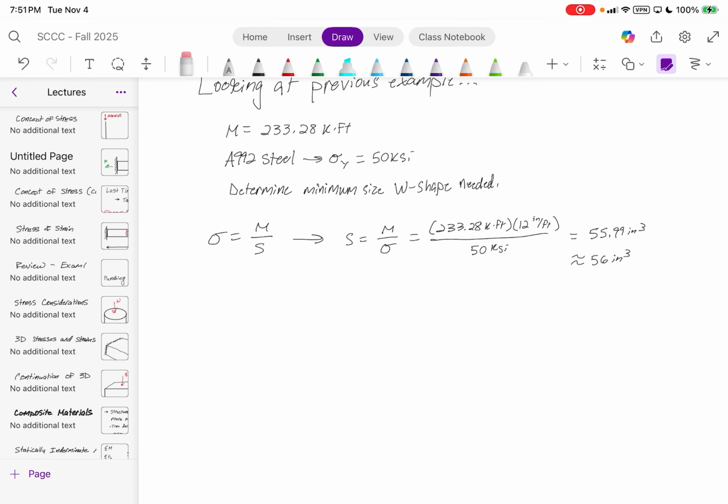I'm not looking for the smallest size W shape, but I am looking for an economical size. If you chose something like a W12 by 96, which is clearly more than double what we need, I would take points off because you're wasting money at that point.